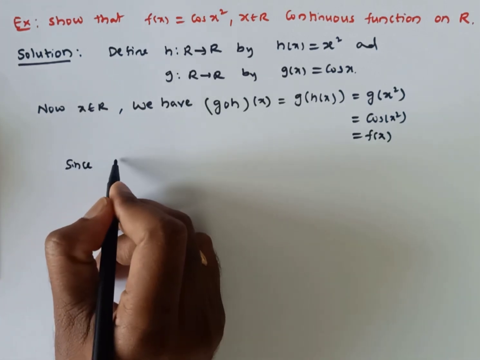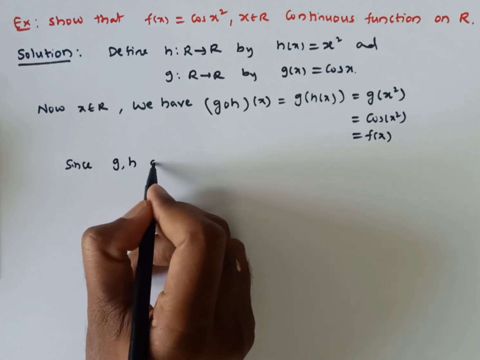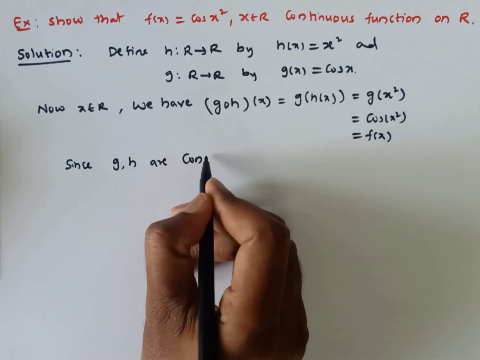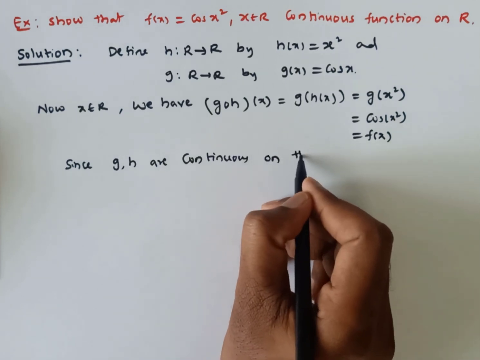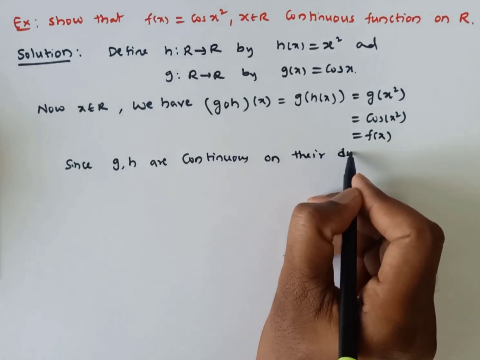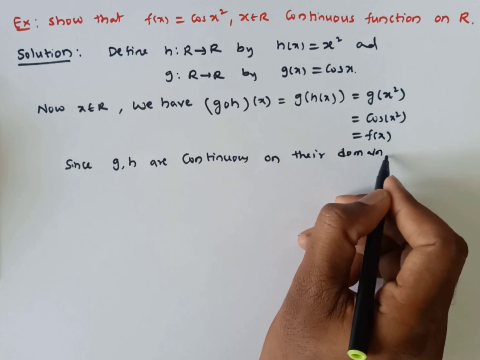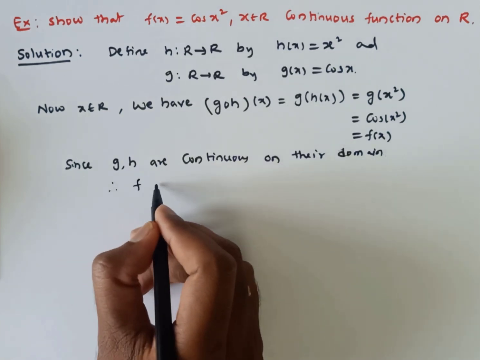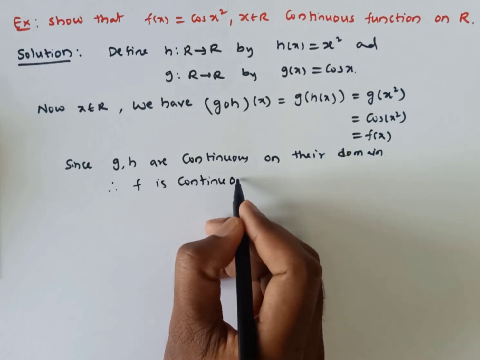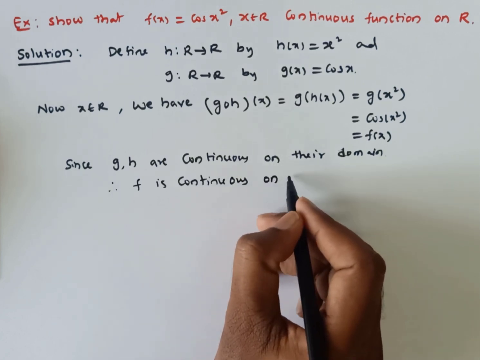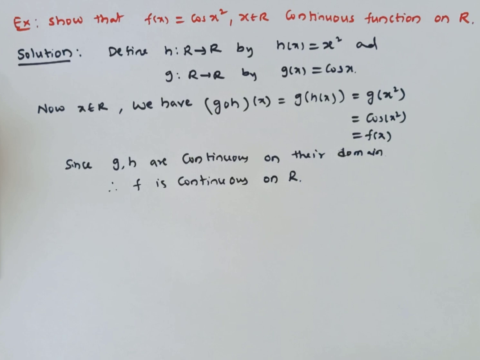Here you can write: since the functions g, h are continuous on their domains, therefore f is continuous on R.